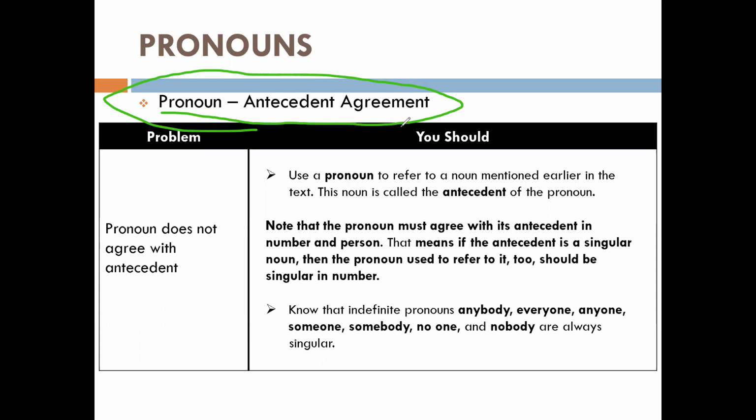So what does pronoun antecedent agreement mean? It's so simple. Use a pronoun to refer to a noun mentioned earlier in the text. This noun is called the antecedent of the pronoun. I believe many of you will be enlightened by this lecture, especially about the improper use of pronouns in your sentences.